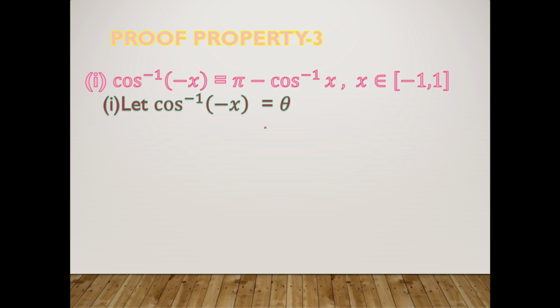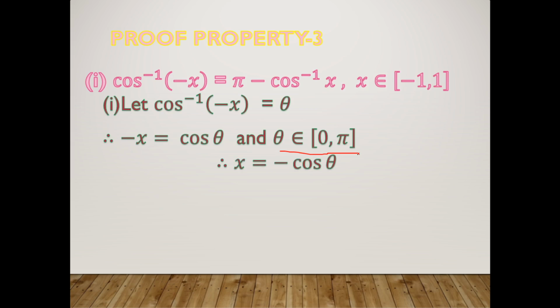Cos inverse minus x is equal to theta. Therefore, by definition of inverse, minus x is equal to cos theta, and theta must be in this interval, because theta is in the principal range of the cos inverse function, right?